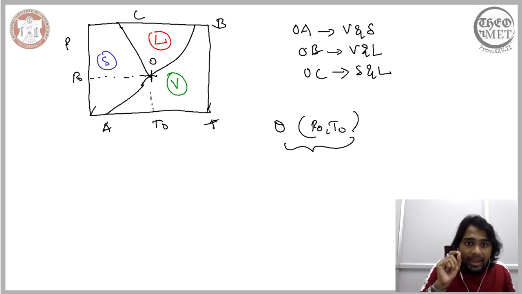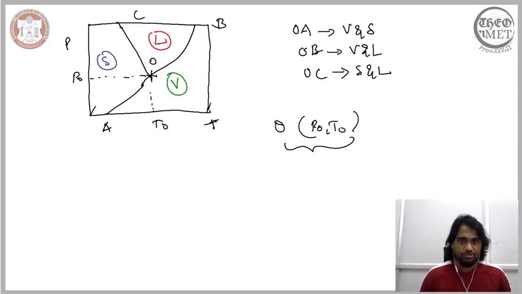And by identifying a point wherein all these three lines meet, we can state that under this specific condition, all three phases present in the phase diagram will be at equilibrium with one another. So on a line, two phases are in equilibrium, and at a point all three phases are at equilibrium.